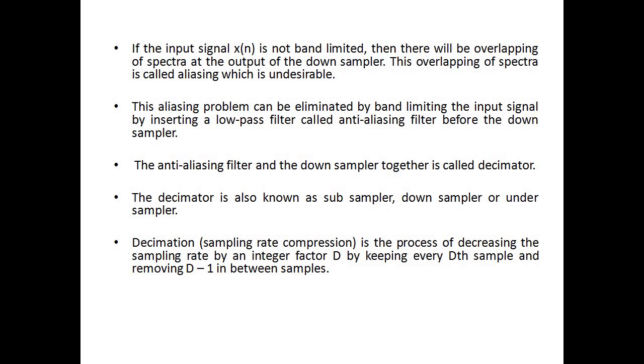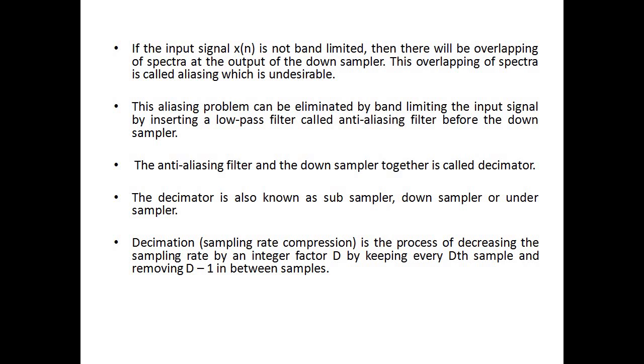But when we go for a band limited signal, the problem of aliasing can be totally eliminated with the help of filters, which we normally call anti-aliasing filters. Generally, a low pass filter is used in order to remove the effect of aliasing or overlapping.